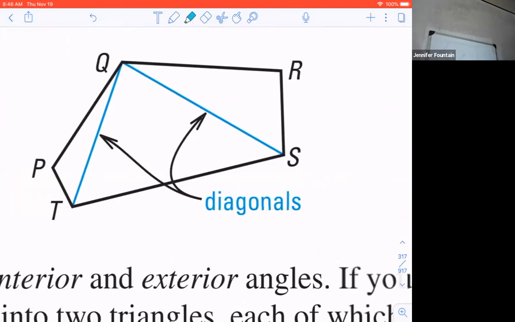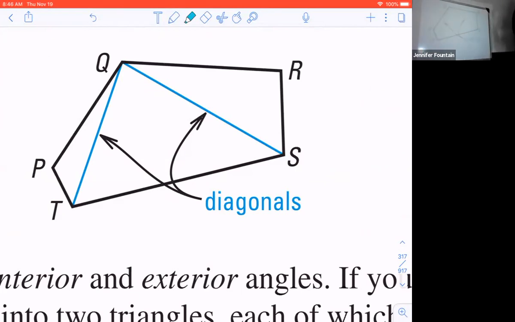if we were talking about consecutive, then obviously QR is consecutive. But from Q to S and Q to T, those are non-consecutive points. So if I'm looking at Q, the consecutive points would be R and P, because they're one after the other.